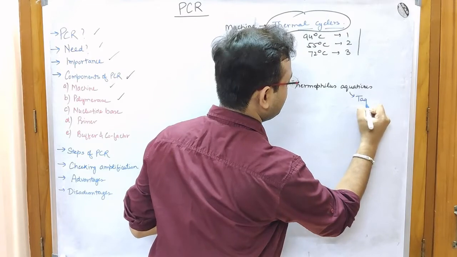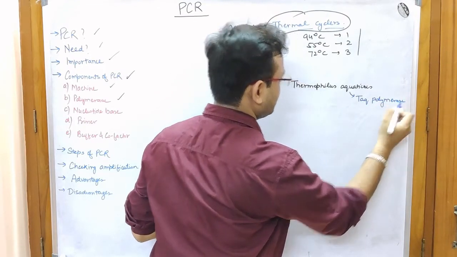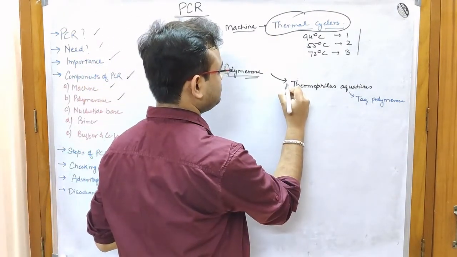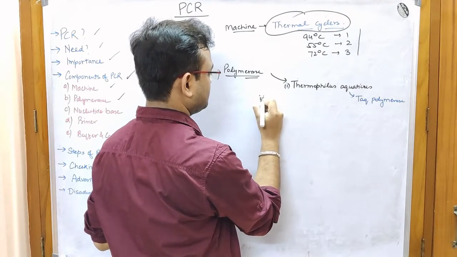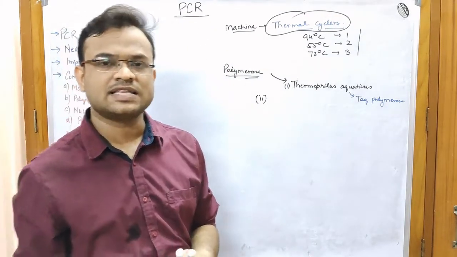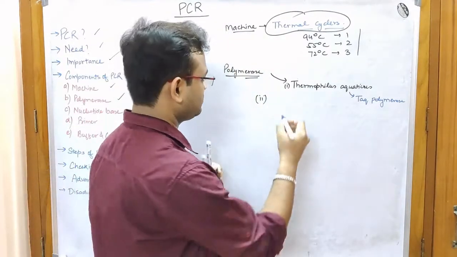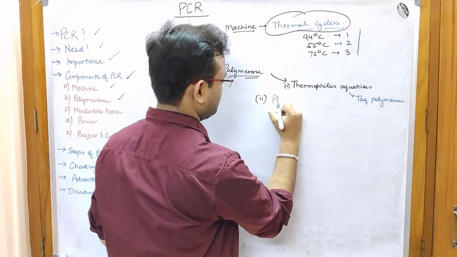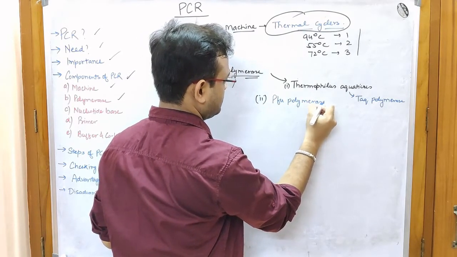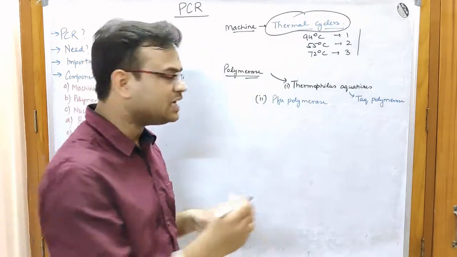The name of this polymerase is Taq polymerase. Okay, so this is one example. The next one is another polymerase that we can get, Pfu polymerase. And again, the third one is Vent polymerase.